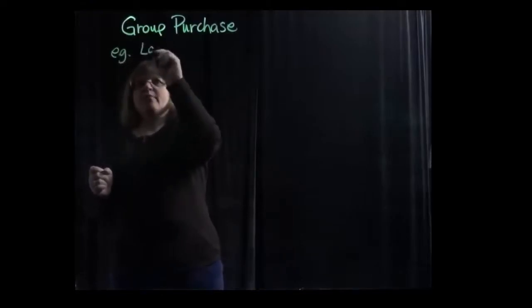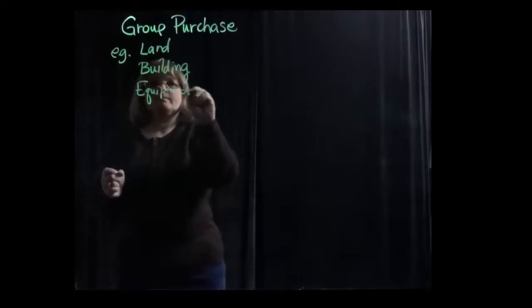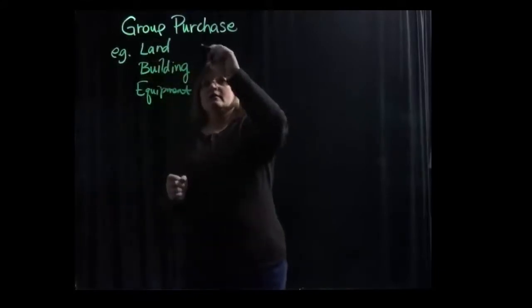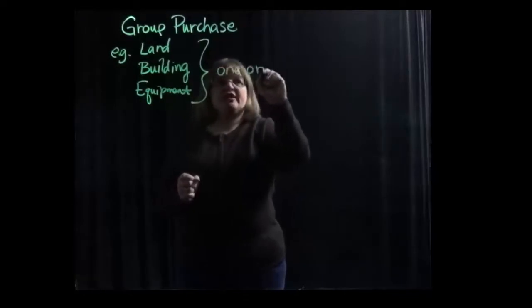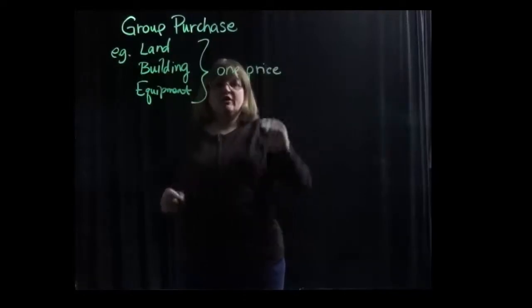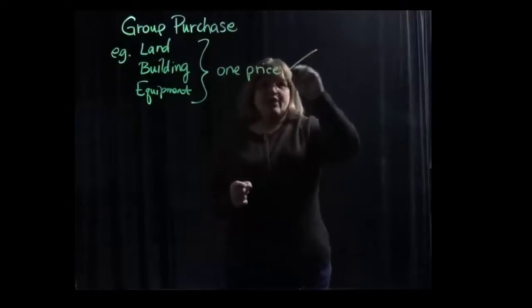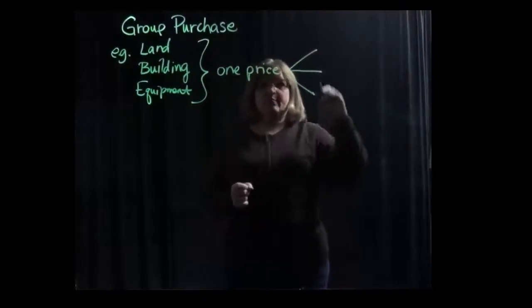For example, if you bought a parcel that included land and a building and some equipment, and you paid one price for the entire package, you would need to split that price into the three components.